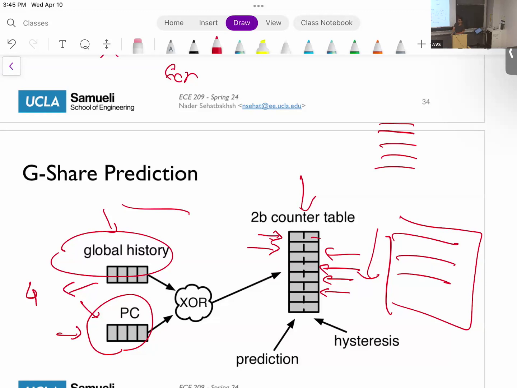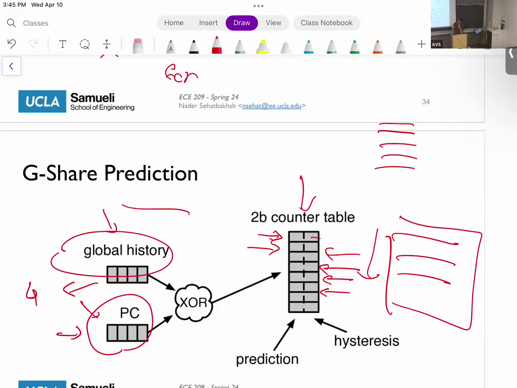So the global history is just like a shift register, right? Yes. Picture an if statement inside a for loop. You're constantly taking that, and you're basically putting a bunch of entries in your counter table, because you would be shifting values in as you enter that for loop and hit that if statement, and then your global history would change as you move through.